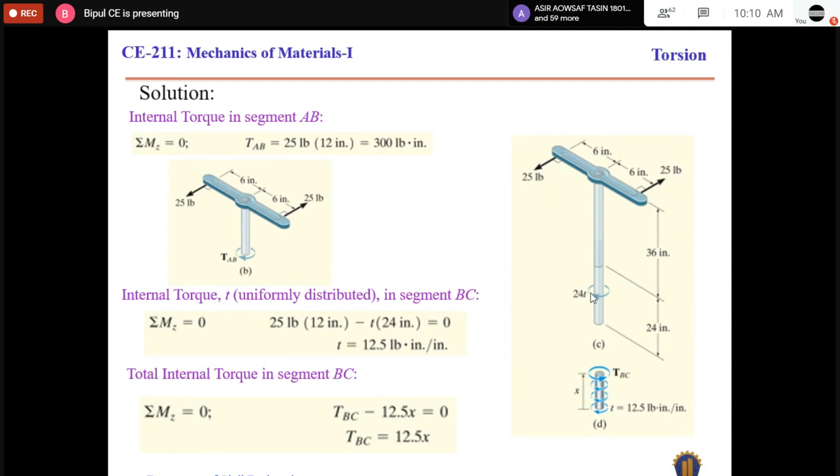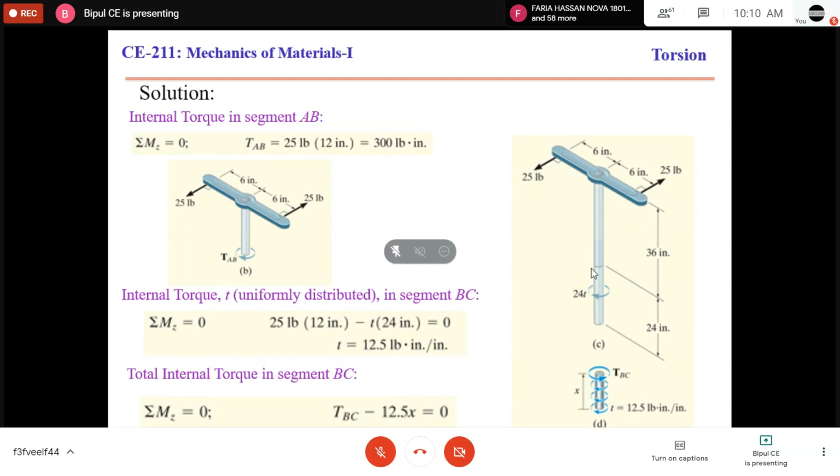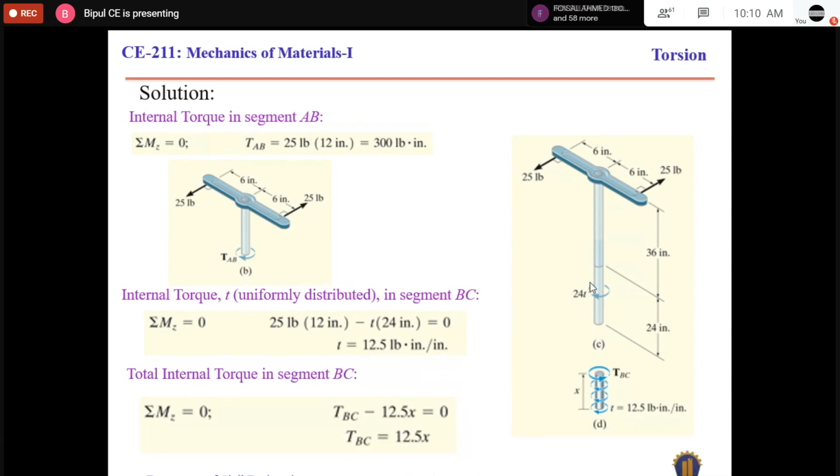According to the equilibrium condition, the applied torque equals the internal torque, so we get t equal to 12.5. So a uniformly distributed torque of 12.5 pound-inch per inch will be developed in this 24 inch length.